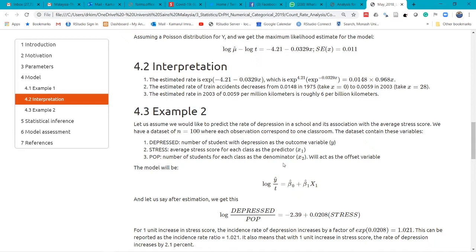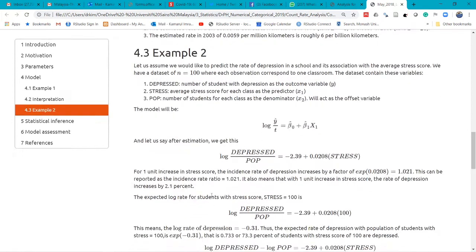So the model is log of y over t equals beta 0 plus beta 1 stress. The log of the number of depressed over the population, the number of students in each class, equals minus 2.239 plus 0.0208 stress.